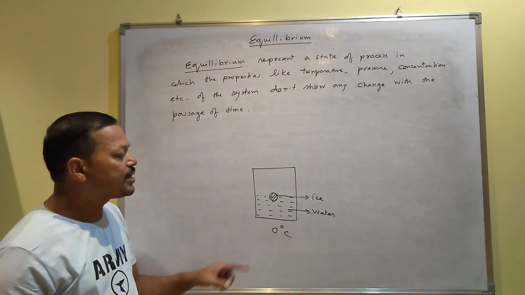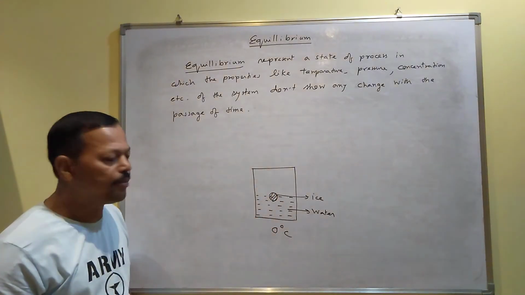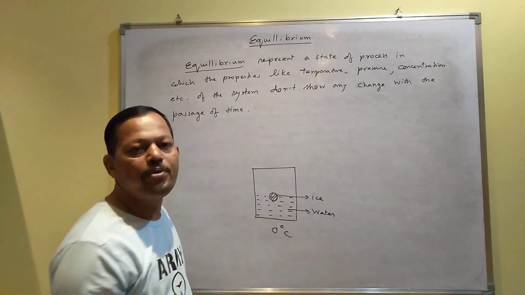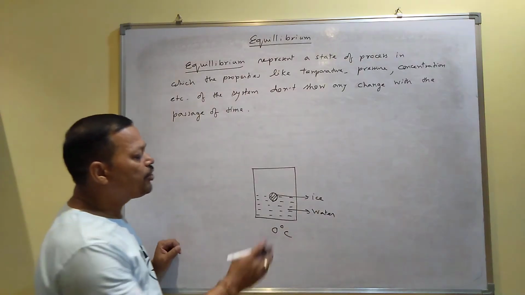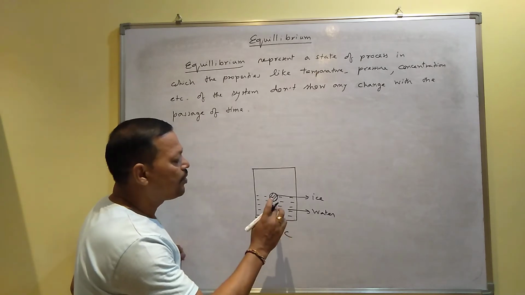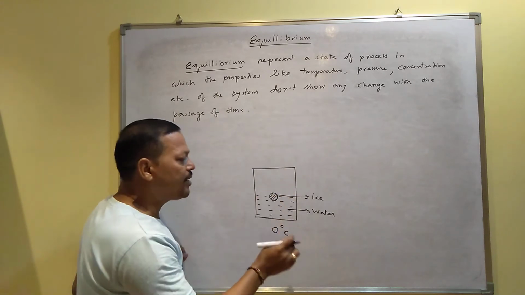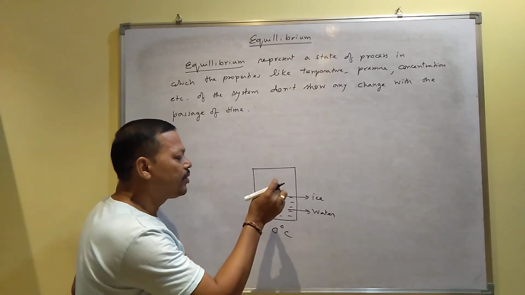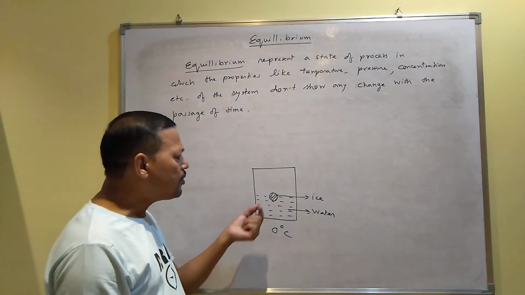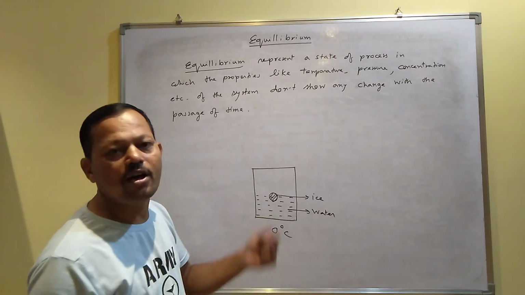Now, why at 0 degrees Celsius does the amount of ice and water remain the same? Actually, at this temperature, the system gets the equilibrium state. The freezing point of water is 0 degrees Celsius. So at 0 degrees Celsius, the water will convert to ice, and at the same time, the ice will convert to water also. The amount of ice converting to water is equal to the amount of water converting to ice.